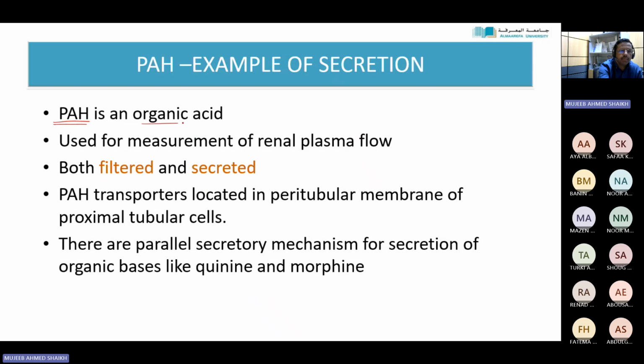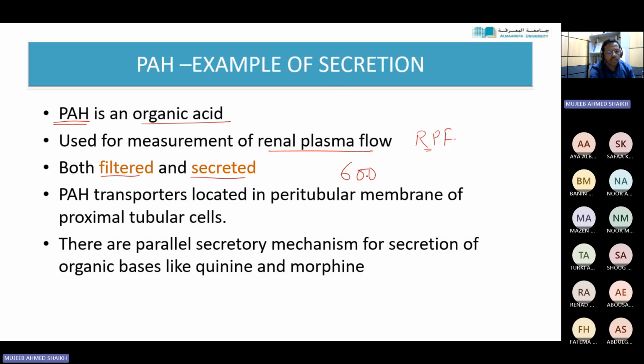One example of secretion is para-aminohippuric acid secretion. Para-aminohippuric acid is nothing but an organic acid used for measurement of, as we have seen in the clearance chapter, renal plasma flow. Renal plasma or renal blood flow is measured by injecting a substance known as para-aminohippuric acid. It is filtered as well as secreted, so its clearance is more.